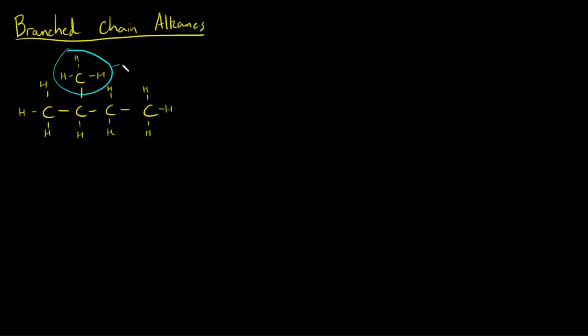Now, this is called a branch, and to be more specific, since it's got 1 carbon in it, and we think back to our prefixes, the prefix for 1 carbon is meth, this is called a methyl branch. That's the name of it. It is CH3 and it's called a methyl branch.